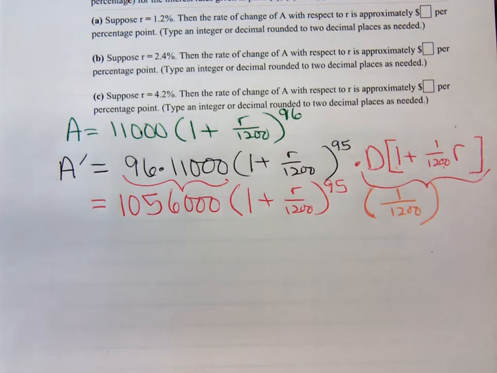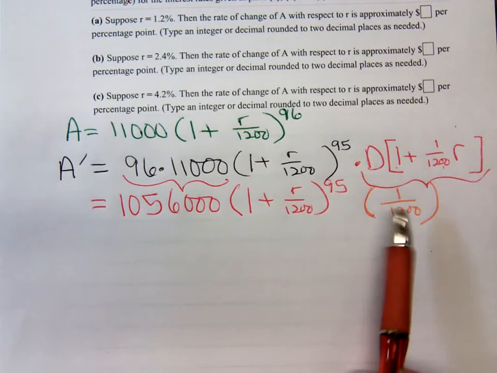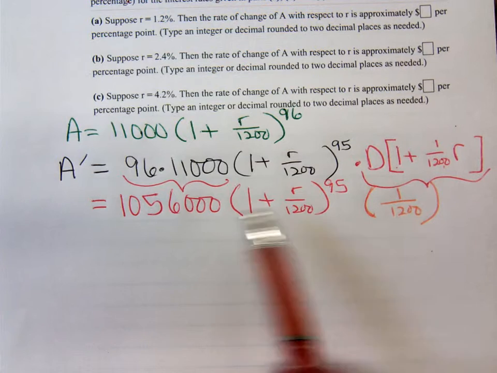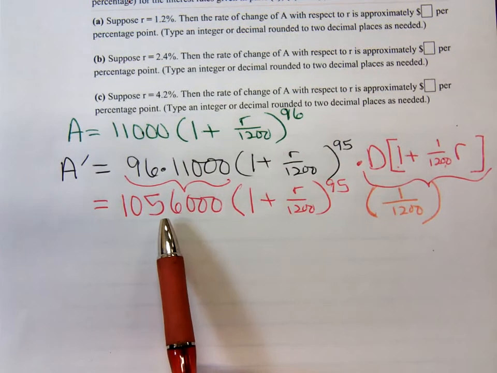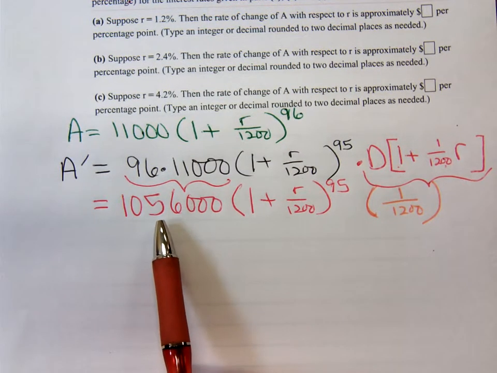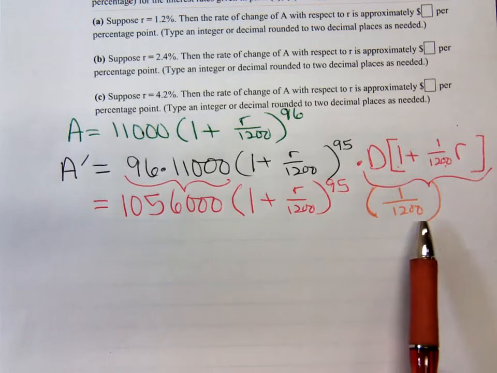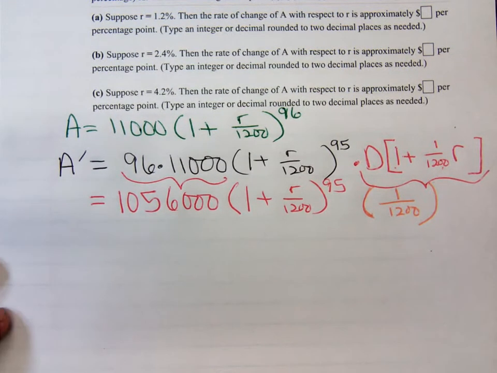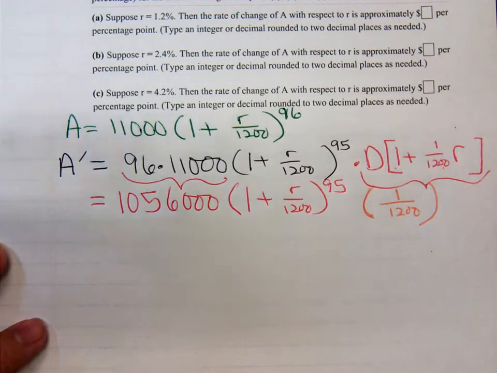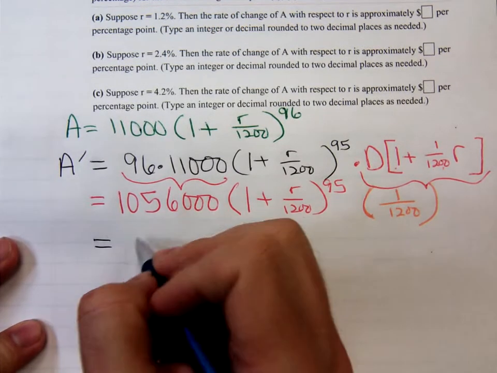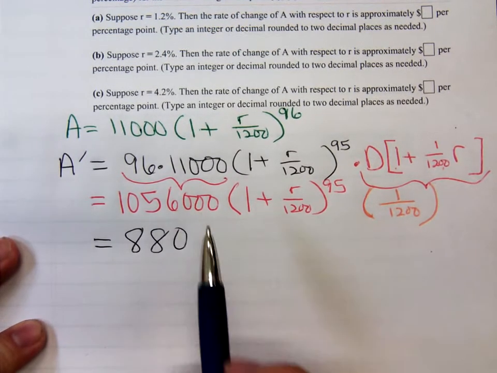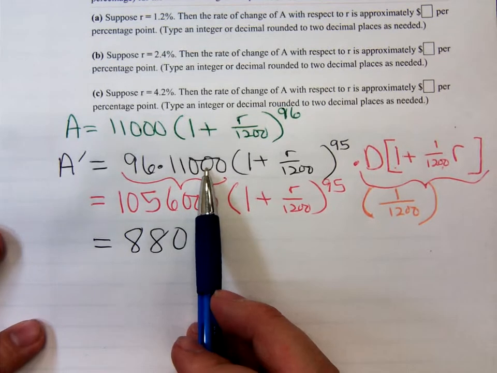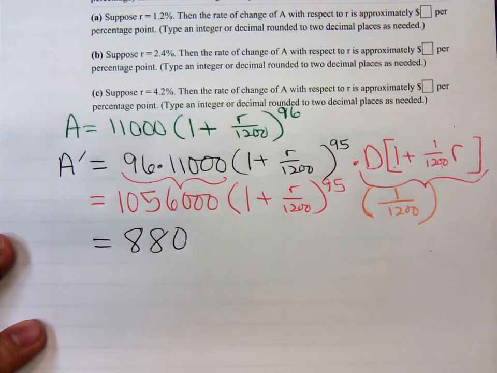We have two constant monomial factors. We can multiply the 1,056,000 by the 1/1200th. So that's going to be dividing. What are y'all getting there? I'm getting an 880. Someone check me. 96 times 11,000 divided by 1200. Yes?